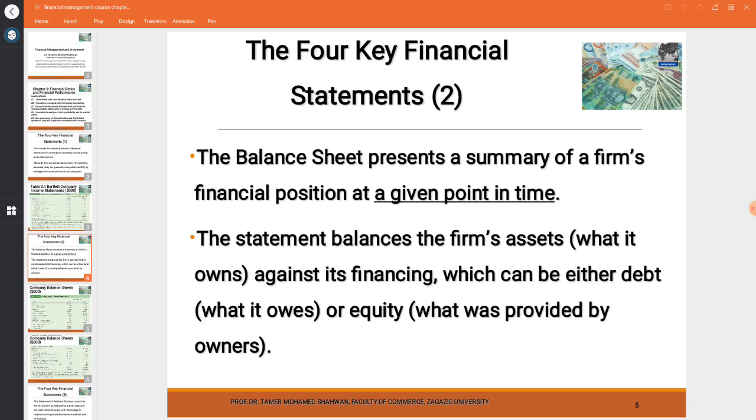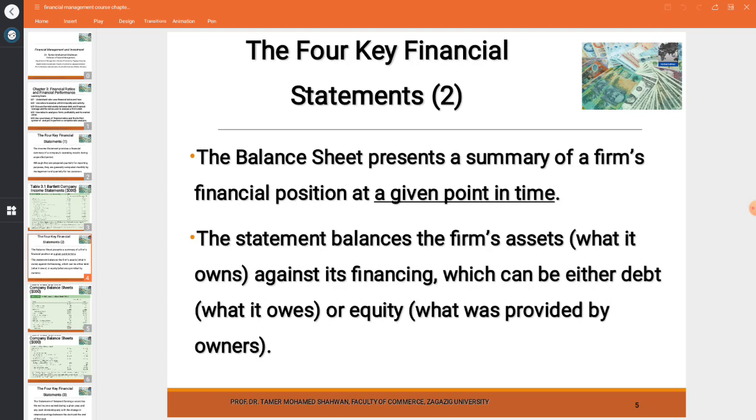This could be done either by debt, determining what this firm owes, or by equity, what was provided by owners. These are the main components of the financial statement.